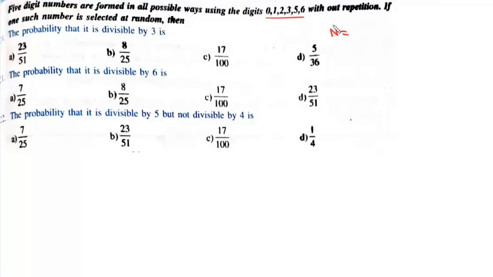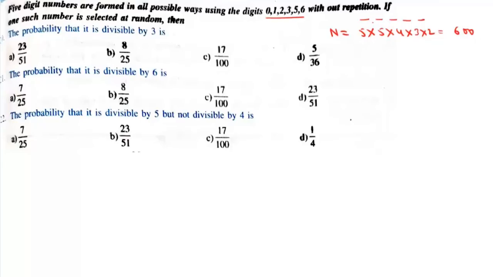For the first place, we have 5 choices. For the next one again, we have 5 choices. So it will be 5 into 5 and then 4 into 3 into 2 into 1. So it will be 120 into 5, and there will be 600 numbers. So altogether we have 600 numbers which can be formed from these digits.